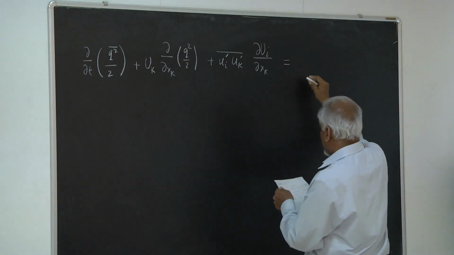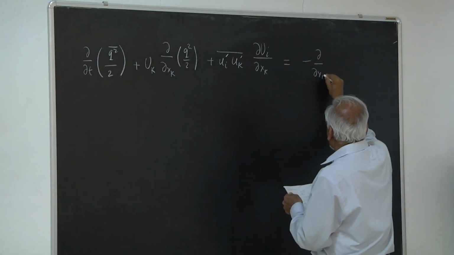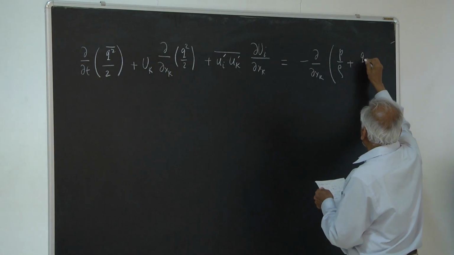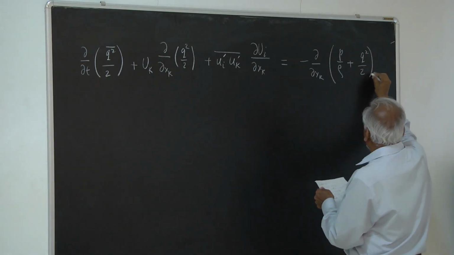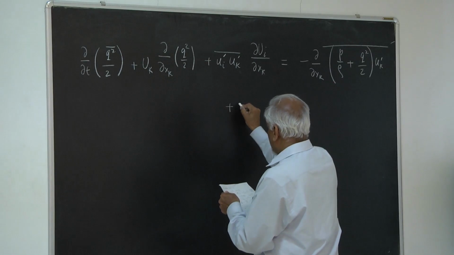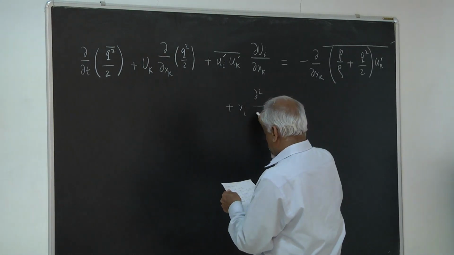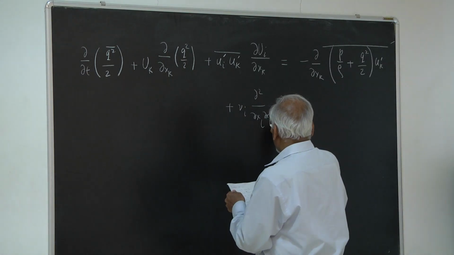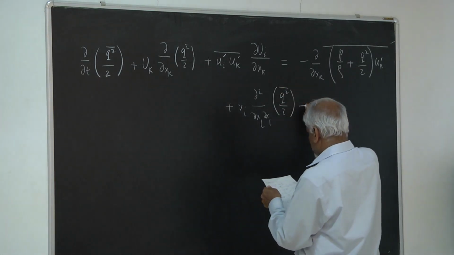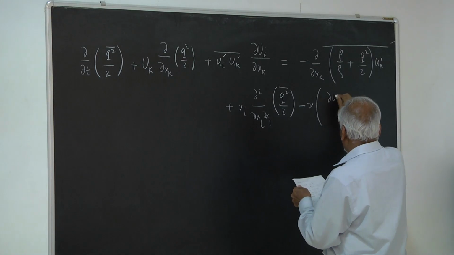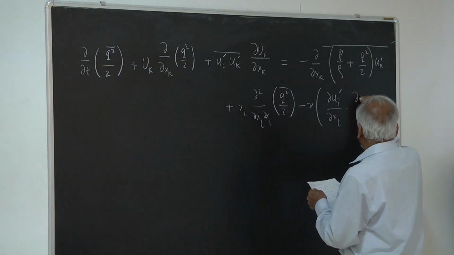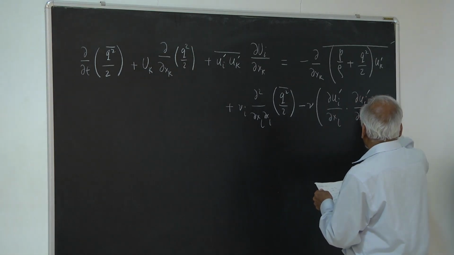And this is equal to minus d by dxk of (p by rho plus q squared by 2) uk prime, plus mu d squared over dxl dxl of q squared by 2, minus mu (dui prime/dxl)(dui prime/dxl).